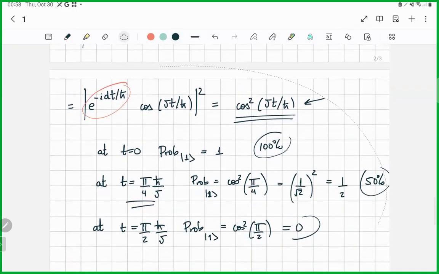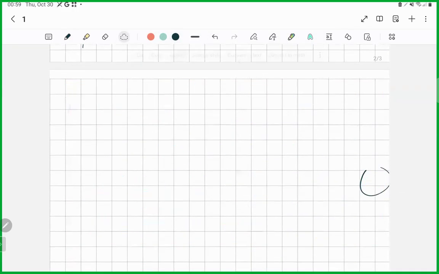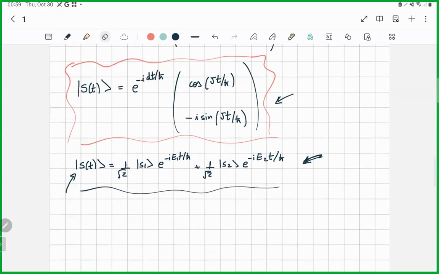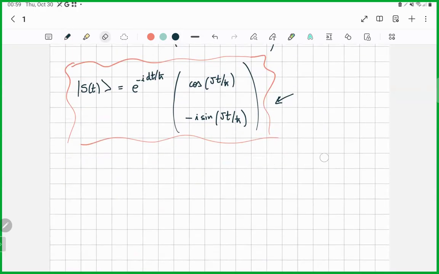So we have our system in this state. I'll keep it written in that vector form. And suppose we want to compute the expectation value. How do we compute the expectation value for any quantity? Well, the expectation value will be the sandwich.